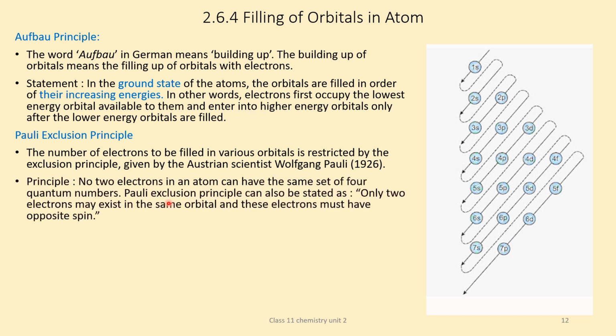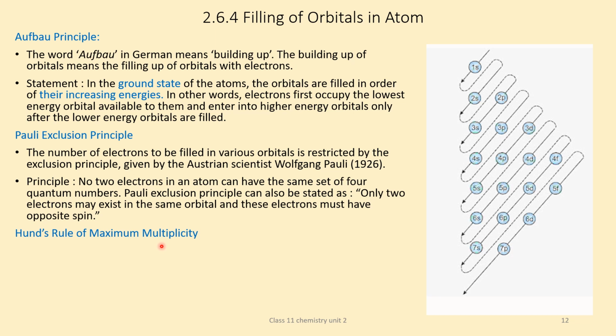According to this principle, no two electrons in an atom can have the same set of four quantum numbers. Pauli exclusion principle can also be stated as: only two electrons may exist in the same orbital and these electrons must have opposite spin.